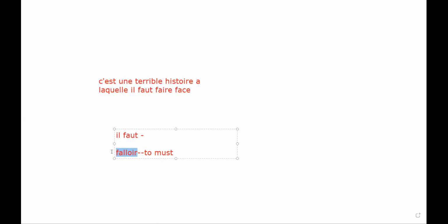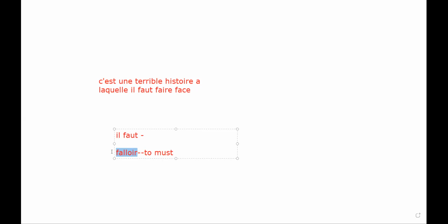With the help of these techniques, you will come to know how to write in the past, how to connect this. Basically, the relative pronoun, we use to connect the sentence, my team. C'est une very terrible histoire. This is a terrible story. À laquelle. Répétez après moi. Meeting will end in the next 1 minute, so write it down for practice.